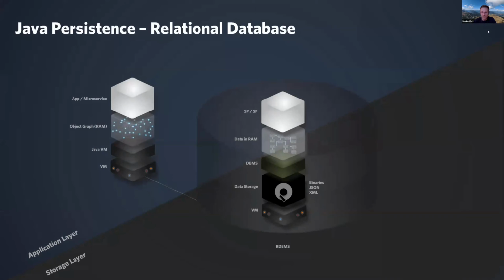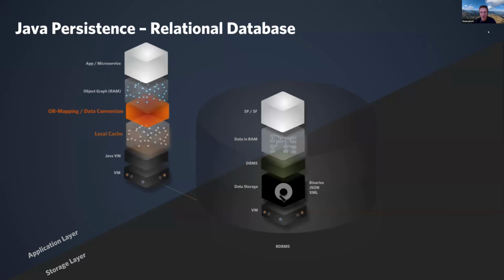We also have a lot of memory in our database server, obviously, because the database also caches data and keeps the hot data in memory. Sometimes we have stored procedures, stored functions, and of course we have storage. Now, we add some data conversion, or a mapping framework like Hibernate and a local cache.